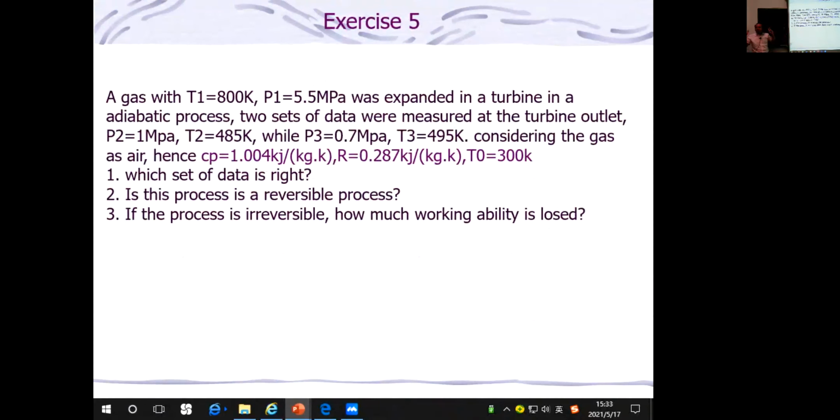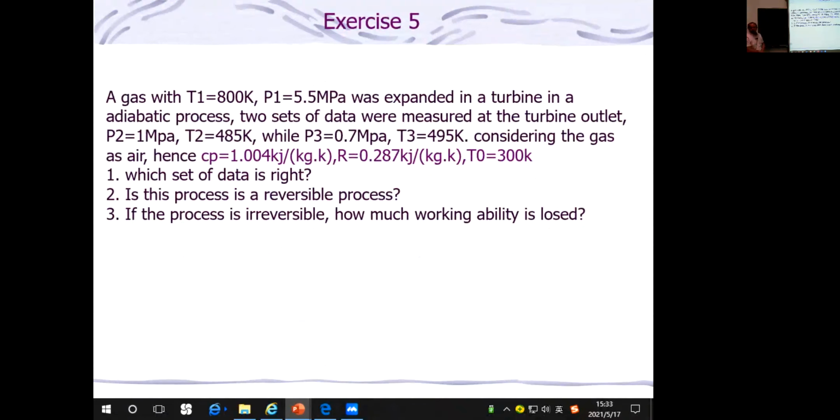So maybe we need to use this one. The S. What is the S? The entropy change is equal to the entropy flow plus the entropy generation.